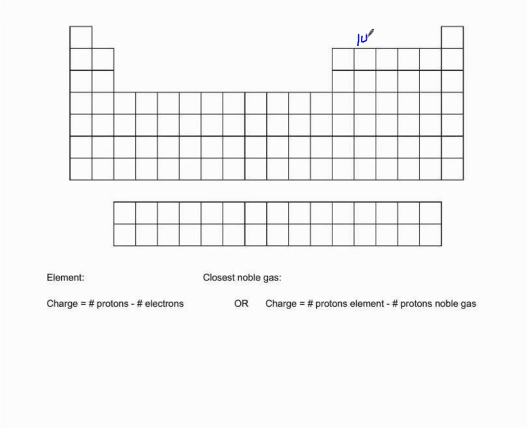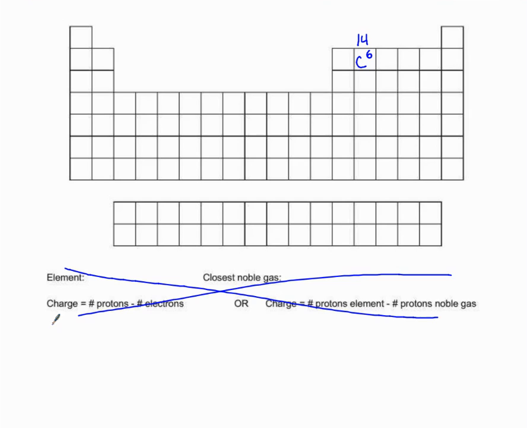Next up is group 14. Carbon is the first element in this group, has an atomic number of 6. We're not going to mess with this in group 14.